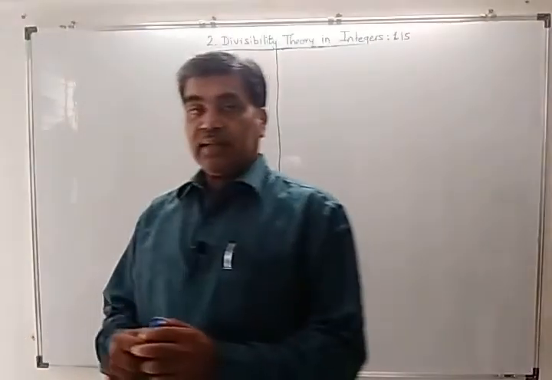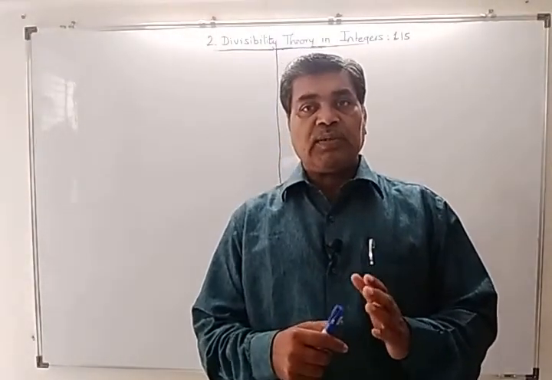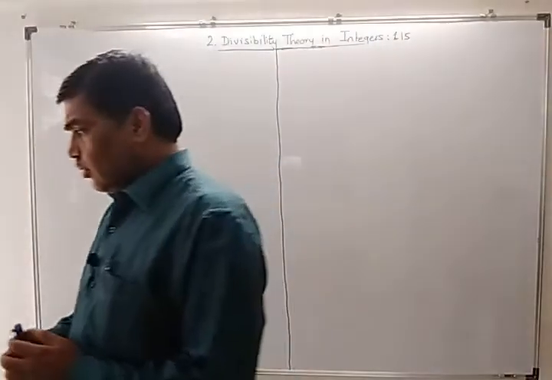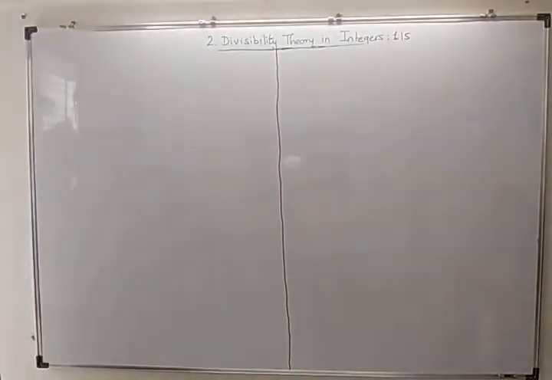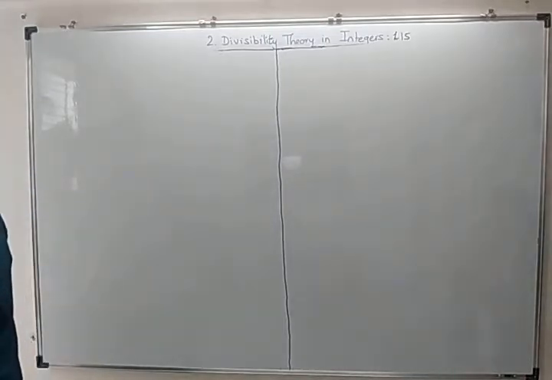And with the help of Euclid's algorithm, we can express that greatest common divisor as a linear combination of those two non-zero integers. We will take examples on it. Find the GCD of the integers 1819 and 3587.